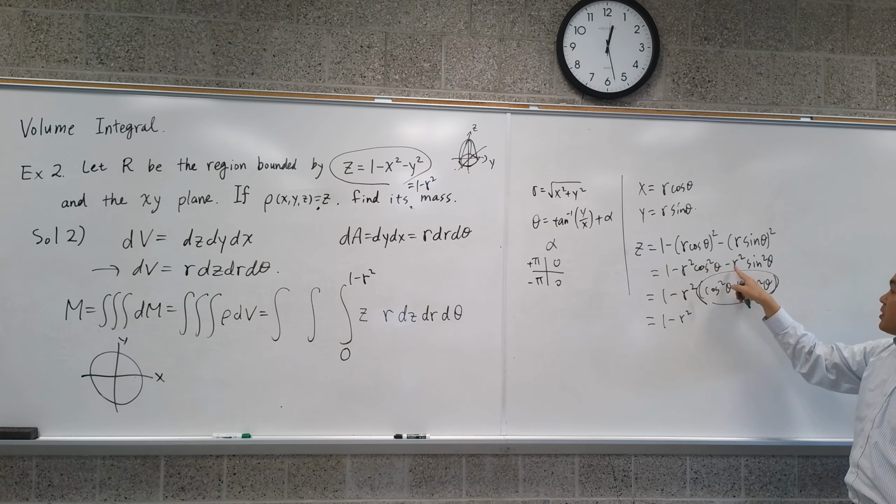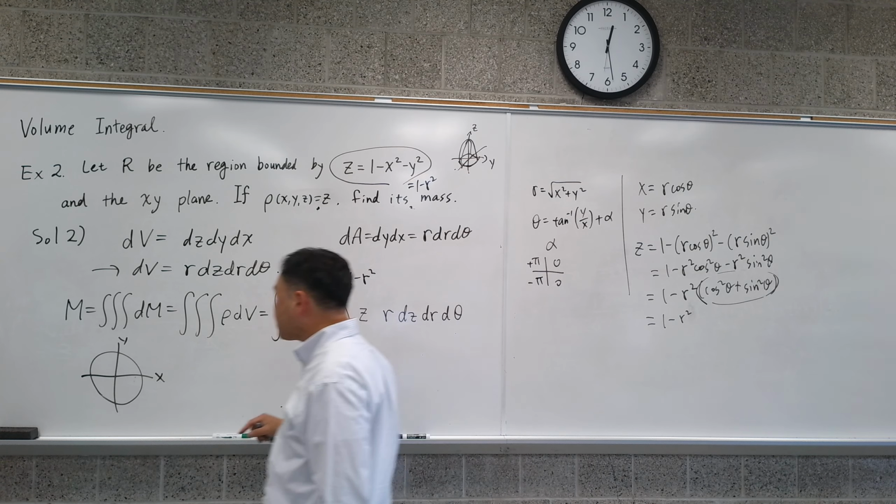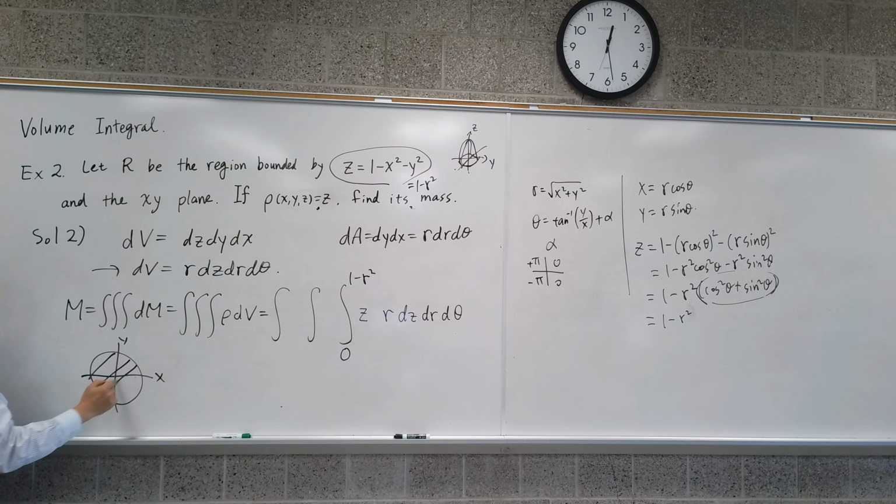No, 1 is a separate thing. You have 3 terms. It's not like 1 minus r squared times cosine squared. It's 1 and then this guy and then this guy. From these two, I'm factoring the negative r squared out. So this is plus. Okay? All right. So you get this.